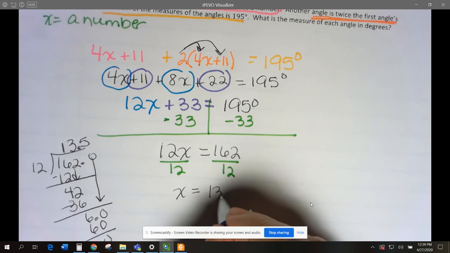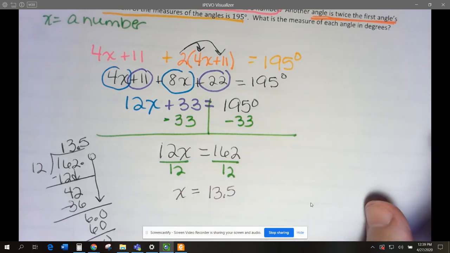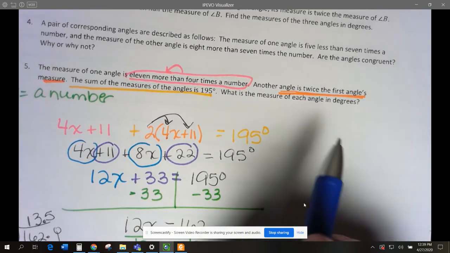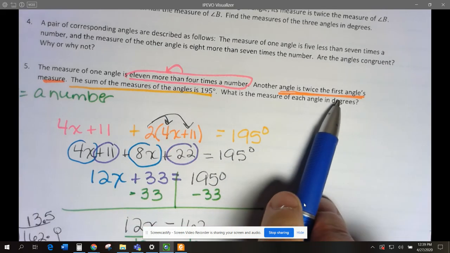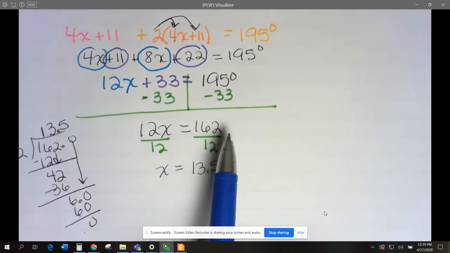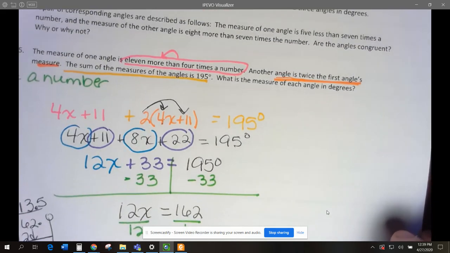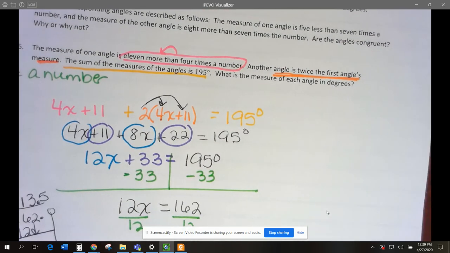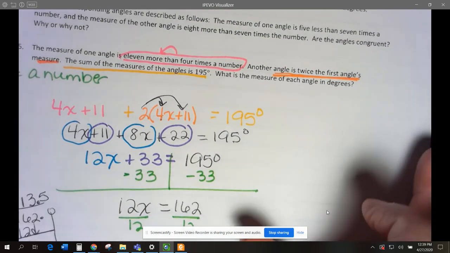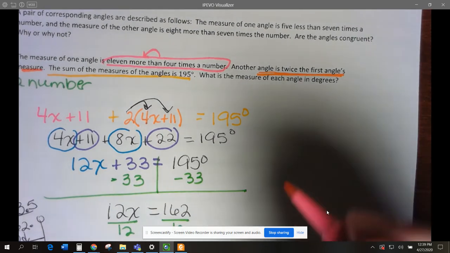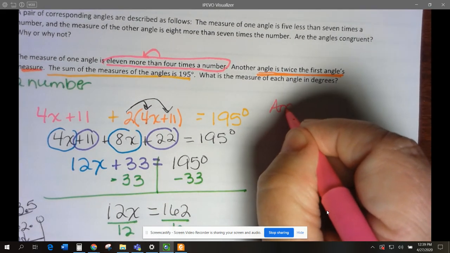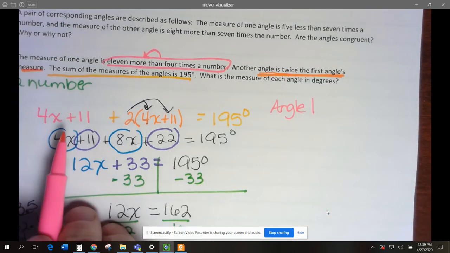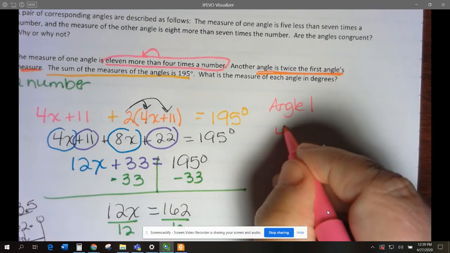So x is 13.5. Although x is 13.5, it's not giving us the measure of each of the angles. It's just telling us what x is. So let's go back and figure out what each angle is. Let's work on angle 1. Angle 1 we said was 4x plus 11.